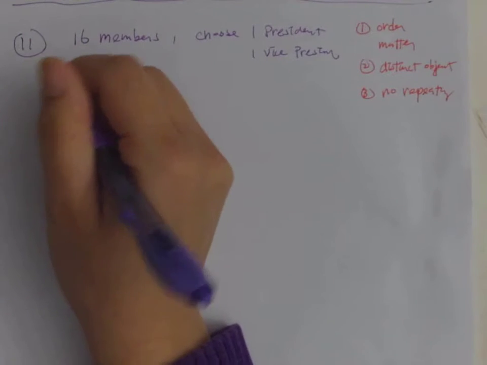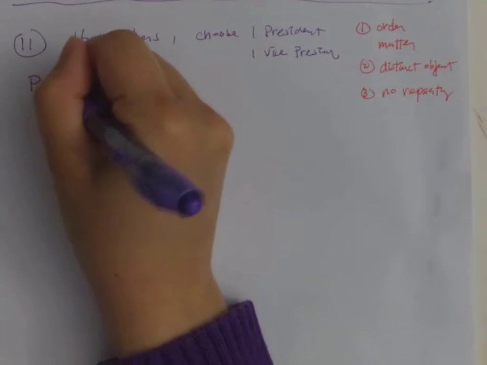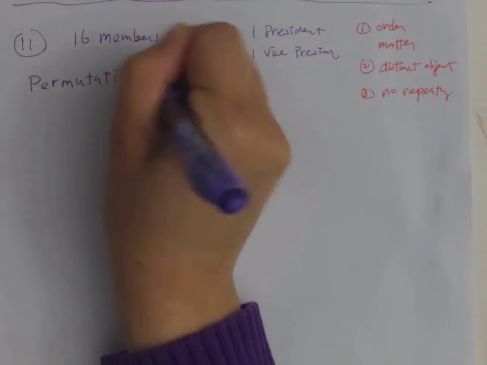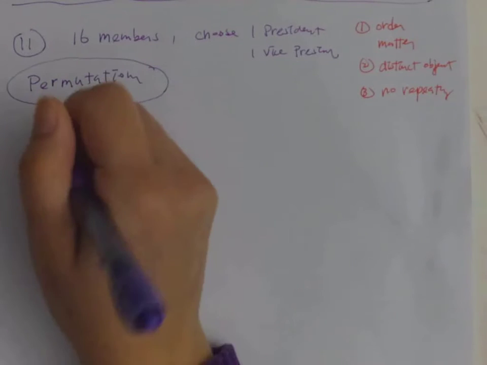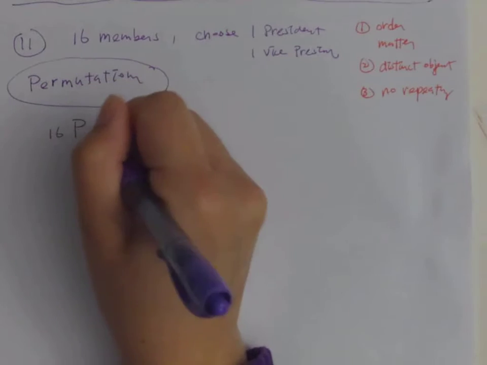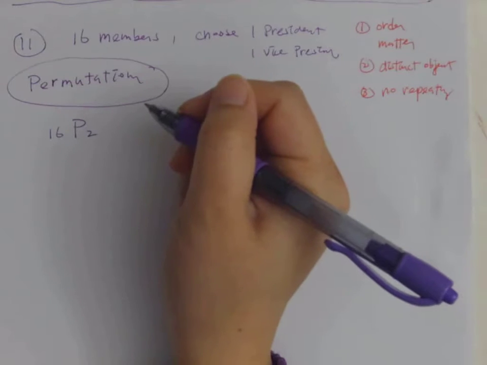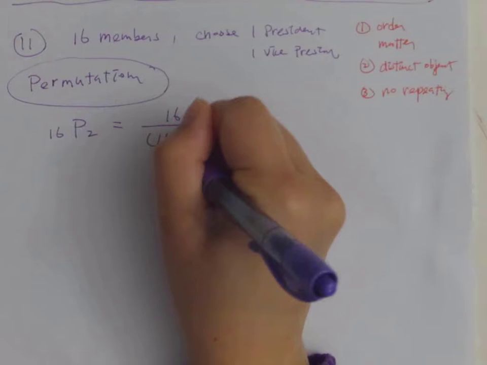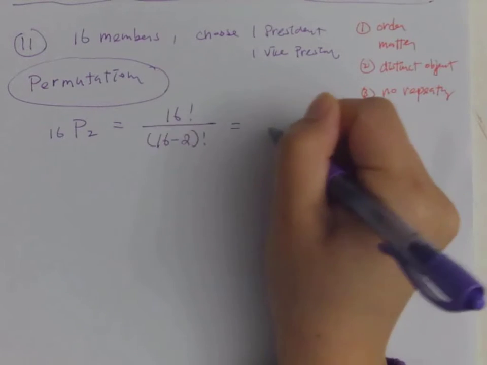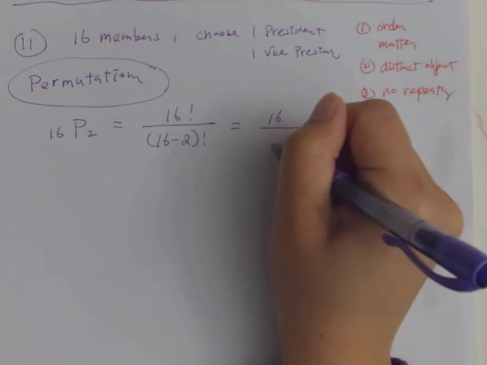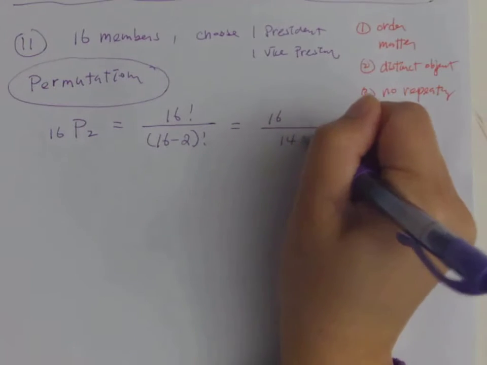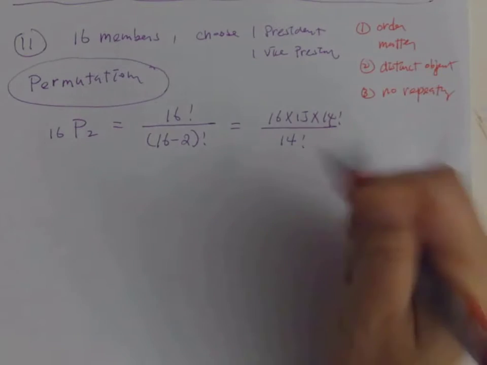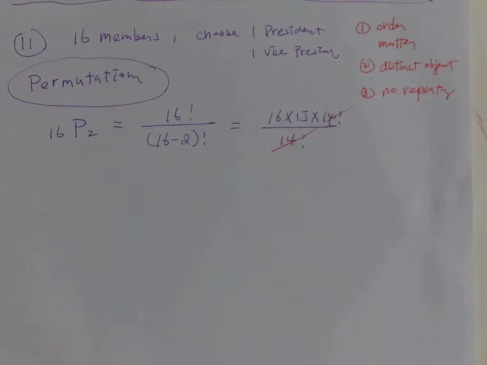Some questions may ask you whether it is permutation or combinations, which we will talk about in a minute. So this is the permutation problem. We have 16 and we're going to choose 2. The regular way is 16 factorial over 16 minus 2 factorial, so 16 minus 2 is 14 factorial. So 16, 15, and the 14 factorial gets cancelled. So just 16 times 15.